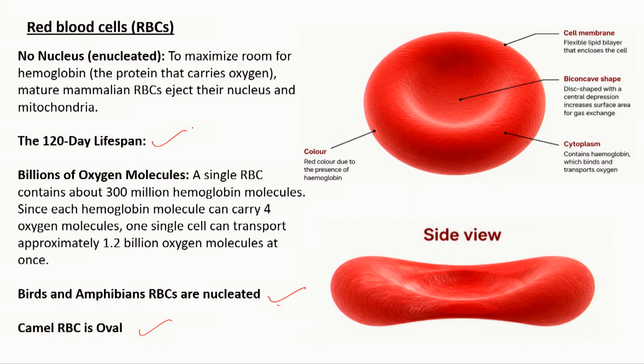The lifespan of RBC is actually 120 days, and after that period the RBC goes into spleen and gets destructed and recycled into a new form of the RBC.